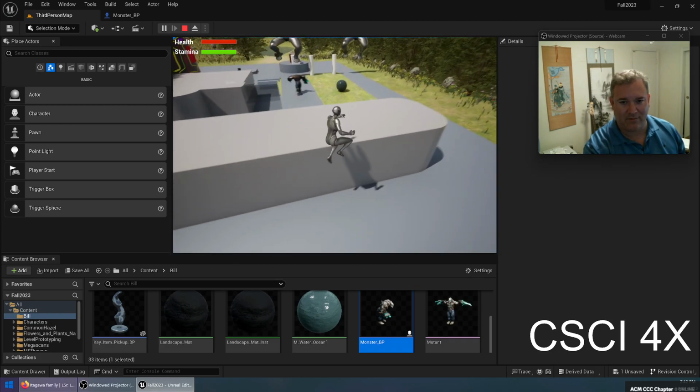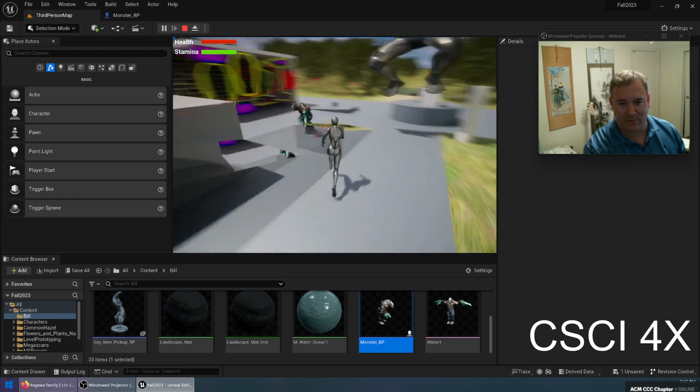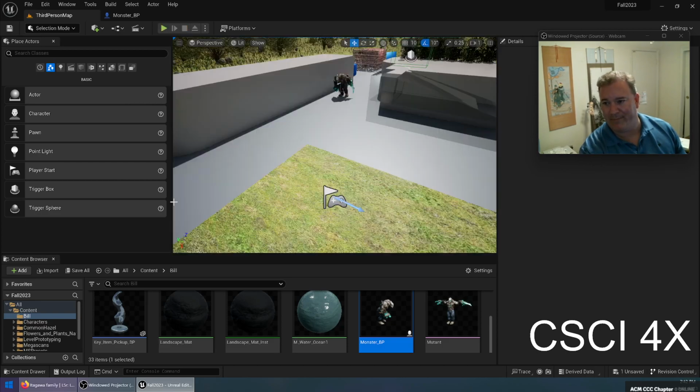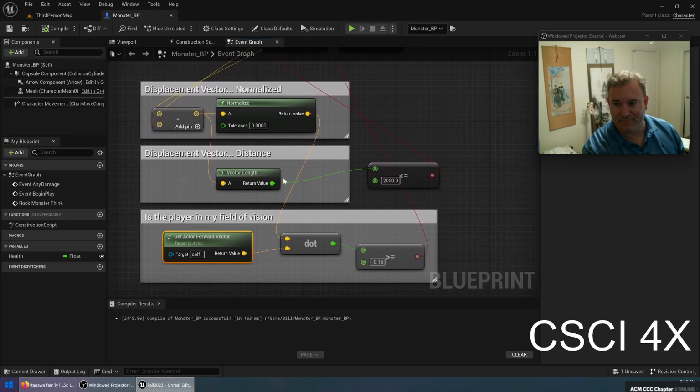If they're looking away from me, that would have instantly killed them. Okay. So shot from behind, but instant kill. Show me that you understand dot product and displacement vectors and forward vectors and all that other stuff. Okay.